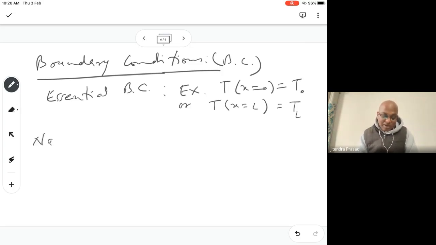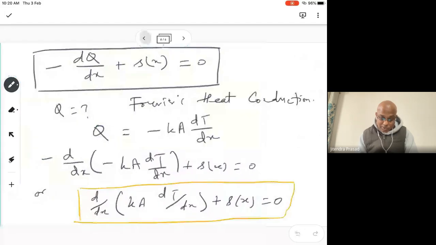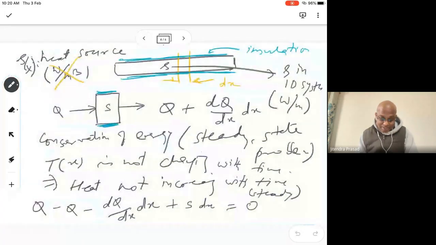You can have a natural boundary condition. The examples will be where you make Q equal to 0. Earlier we looked at this being insulated.